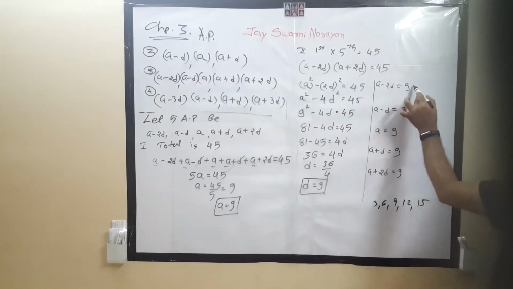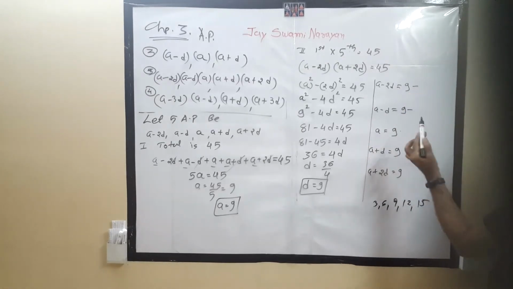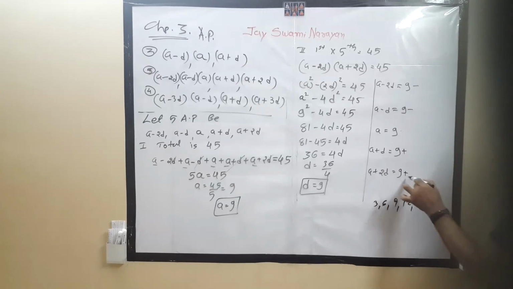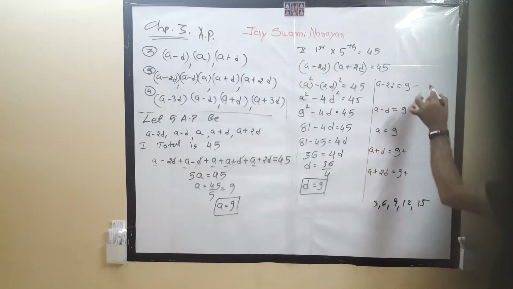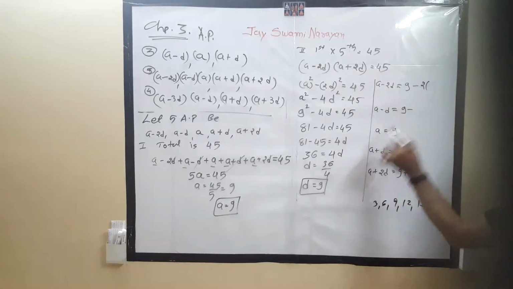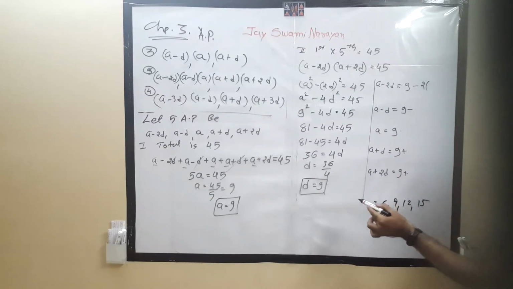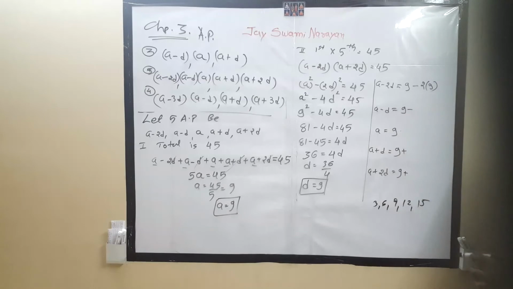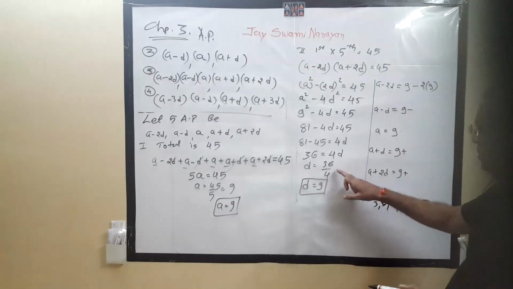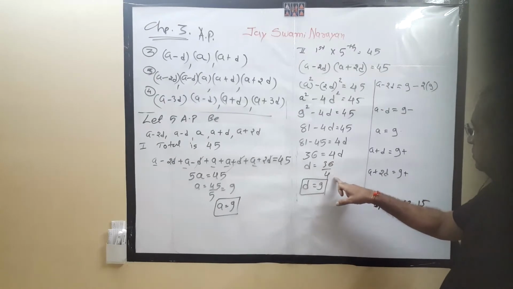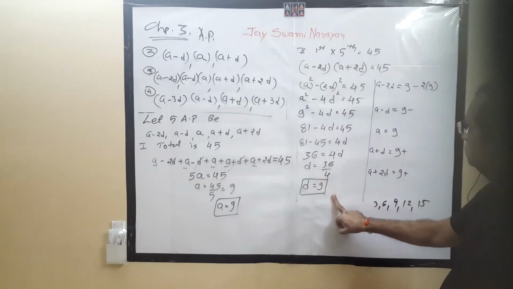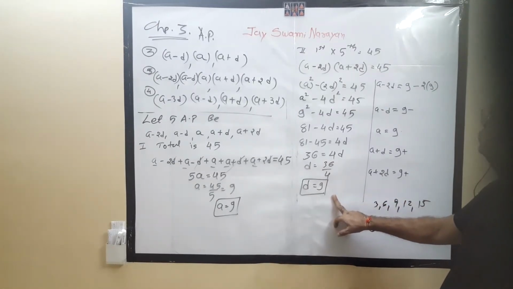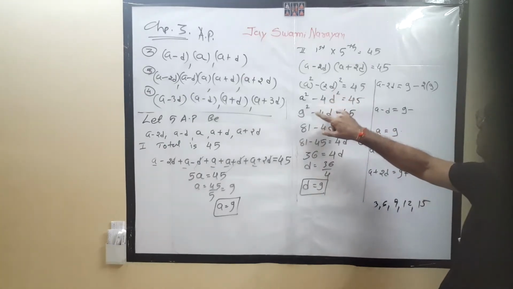Here minus, here nothing, here plus, 2 times d.